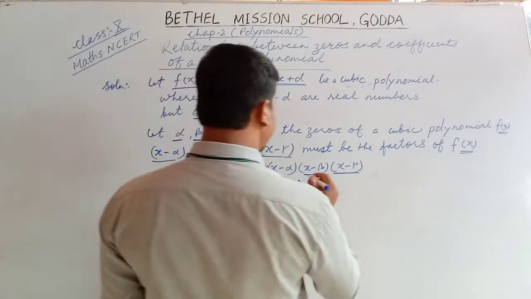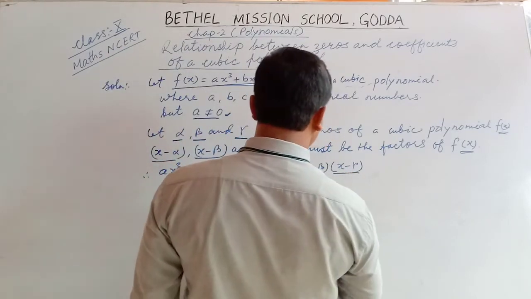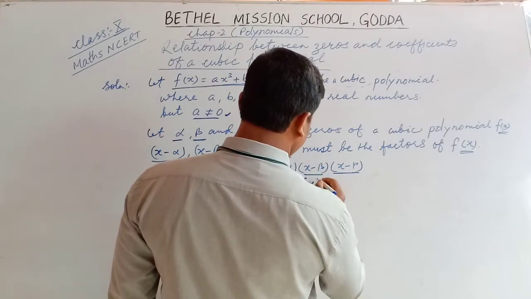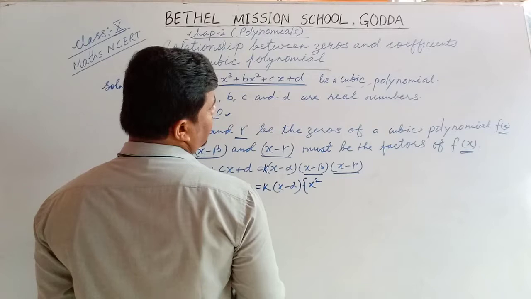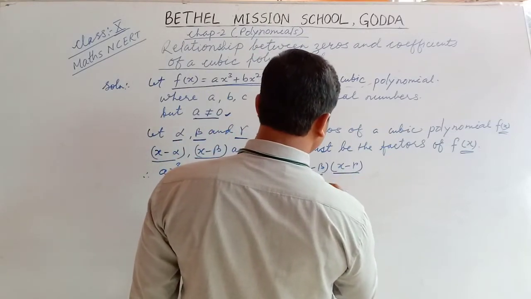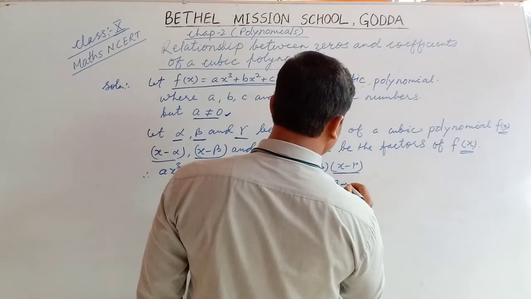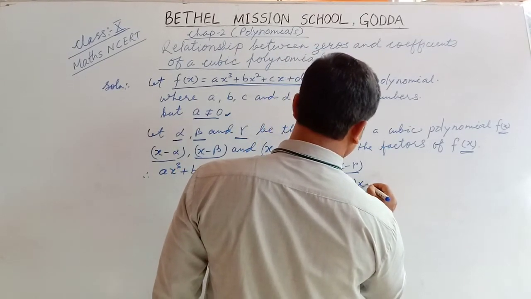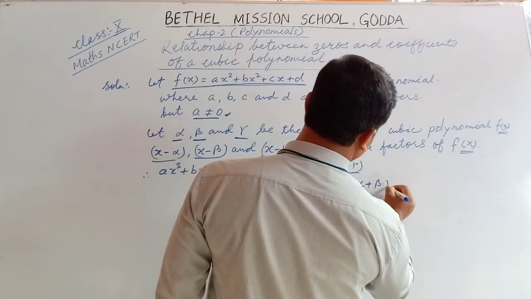When you find the product of these two factors, you get x square minus beta plus gamma into x plus beta into gamma.